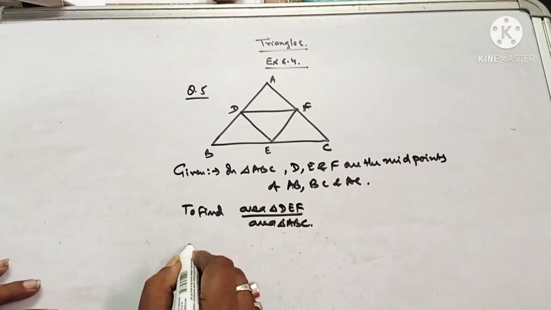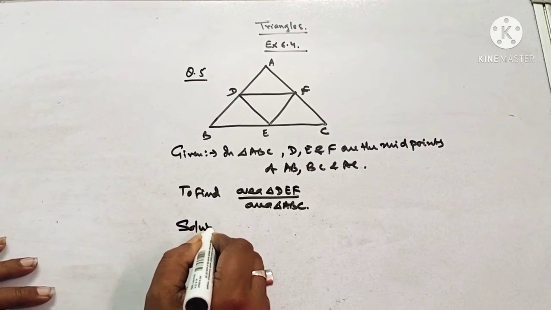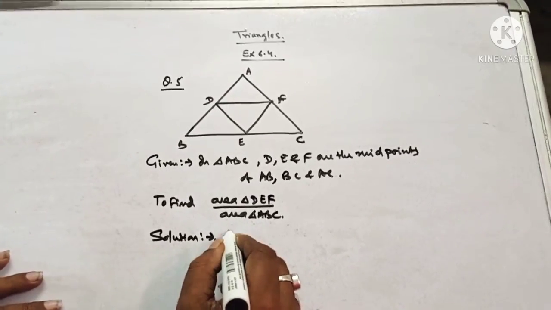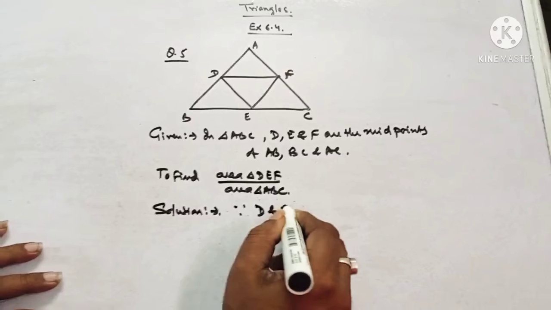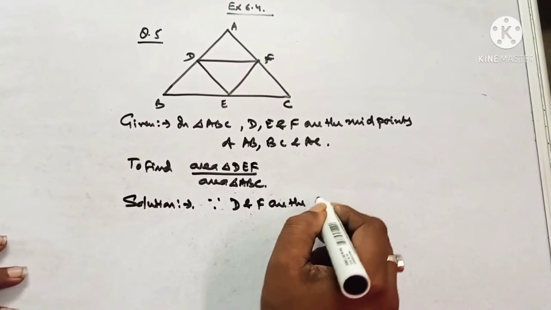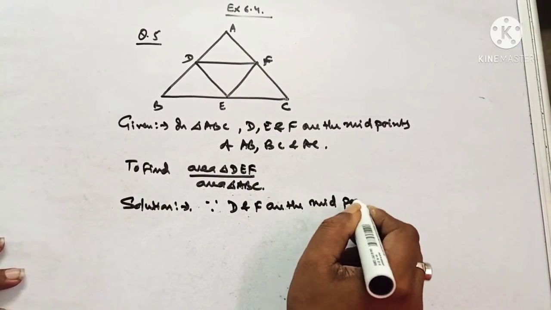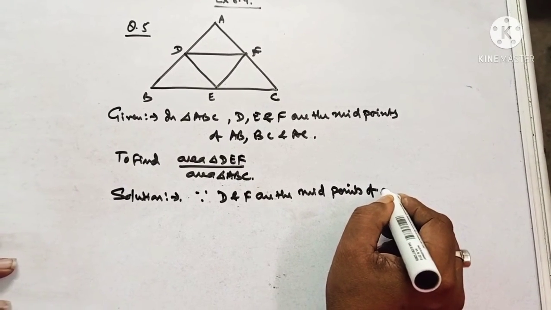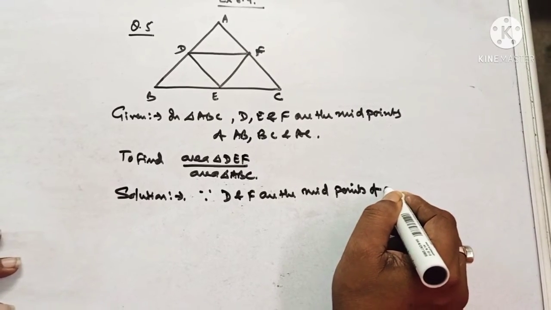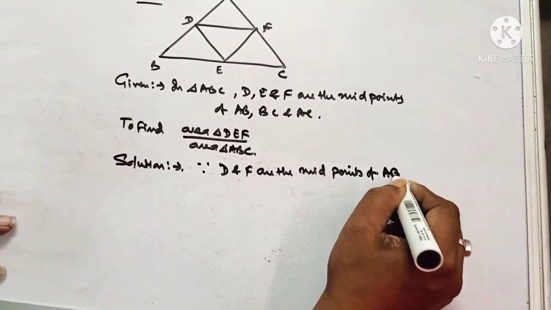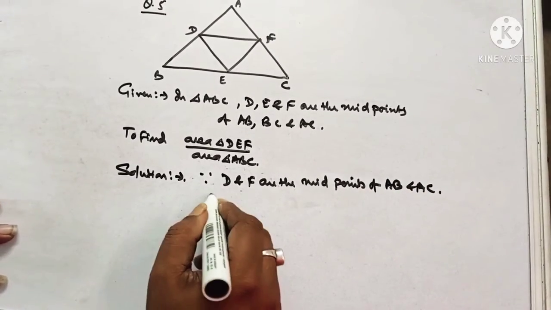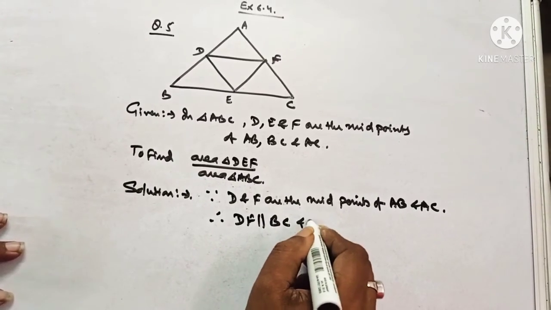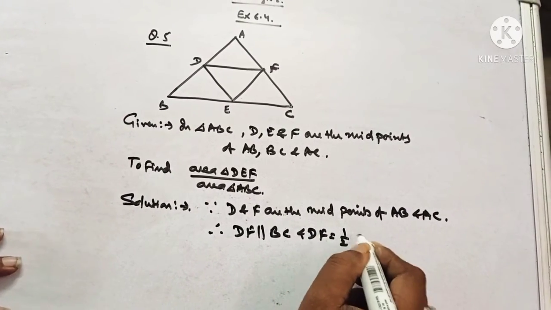So here you see the solution. Since D and F are the midpoints of AB and AC, therefore DF is parallel to BC and DF is equal to half of BC.